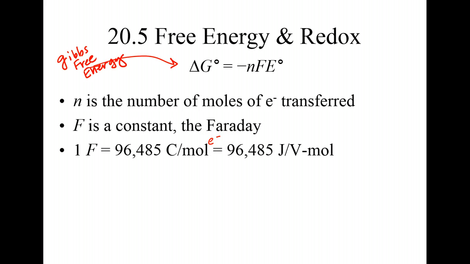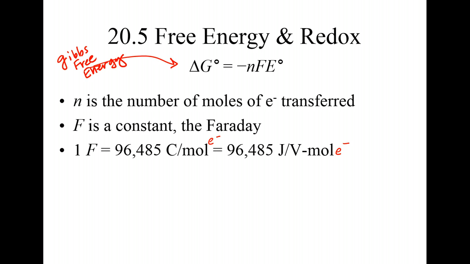And sometimes when we use the Faraday, we need it to incorporate volts into the constant, and so it's also equivalent to 96,485 joules per volt mole of electrons. And a lot of times the chemists leave the electrons out, but that's what the moles represent.